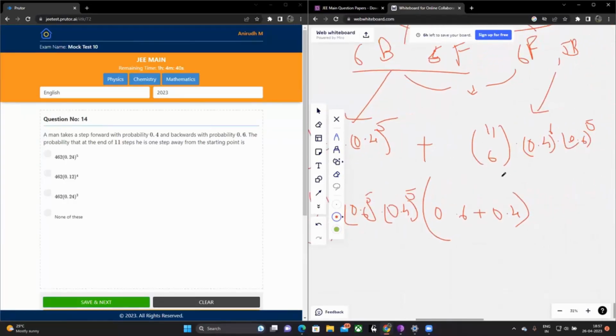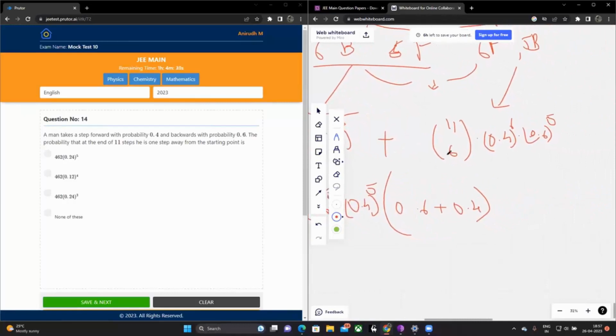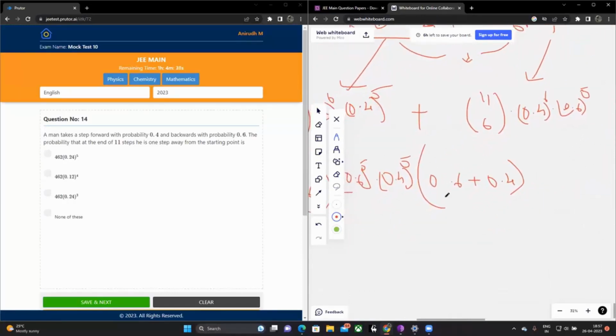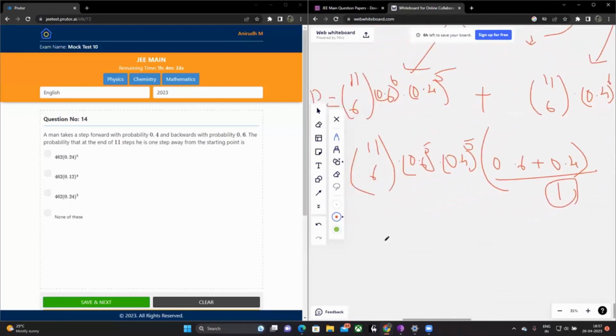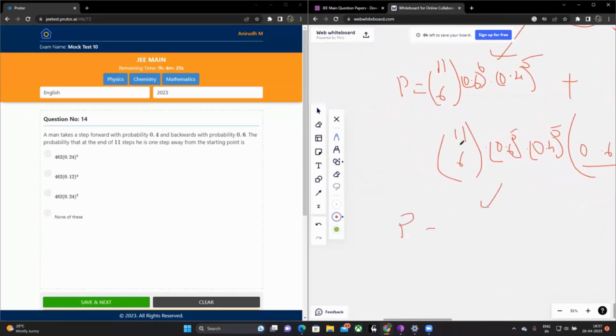This is 0.4 power 5 into 0.4, right? I'm just taking the common here. This adds to 1, so I can just ignore it, right? So I get the final probability P as 11C6, that is 462 into 0.6 power 5 into 0.4 to the power 5, right? 0.6 and 0.4 is 0.24. That power 5 into 462.